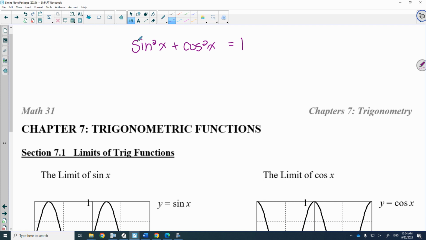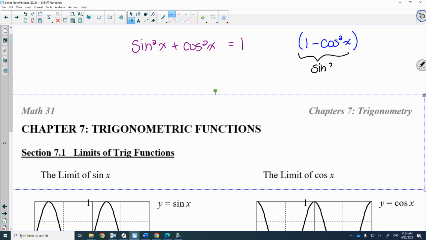So, for example, if in our practice problems later on we see 1 minus cos squared of x as a factor, we can take it out and input its identity. The identity for 1 minus cos squared of x is sine squared of x. Because if I subtract cos squared of x from both sides, you'd have 1 minus cos squared of x is equal to sine squared of x. So we're just substituting out the identity.